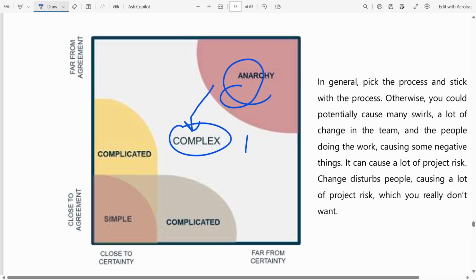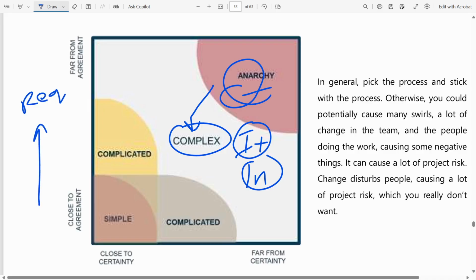You got to think about iterative and incremental. Do things in iterations, deliver incrementally, and anarchy will be reduced. You do not want to stay in anarchy zone. When you are choosing a method to use, also remember that on this axis, you have the requirements, right?